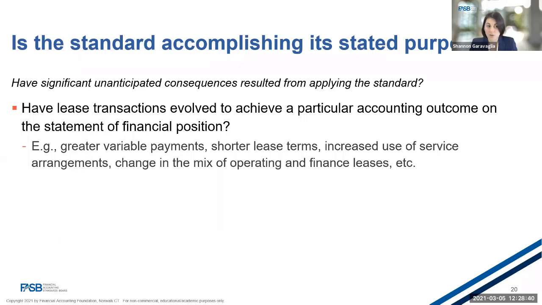For example, are there greater variable payments, shorter lease terms? Chris mentioned that 12-month or less lease exception, so maybe we might see some differences there. Increased use of service arrangements, change in the mix of operating and finance leases, really any of these things that were not necessarily an anticipated consequence, but we can certainly see how they might arise from the change in accounting standard.